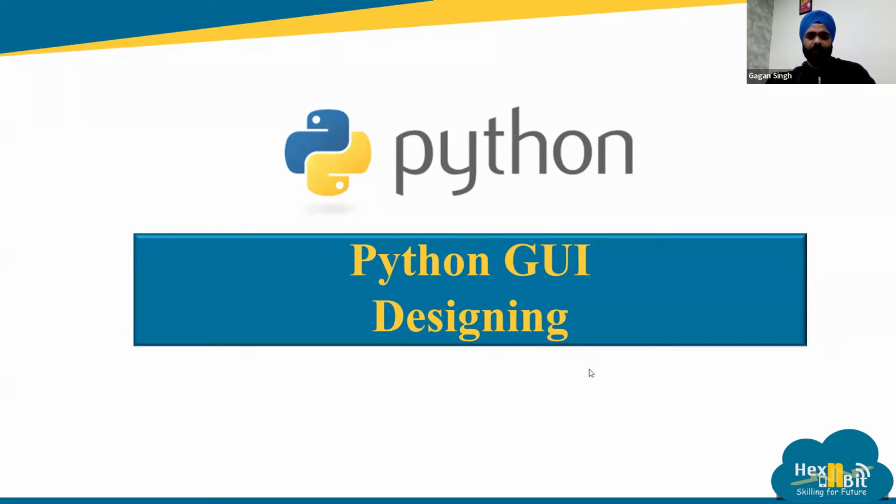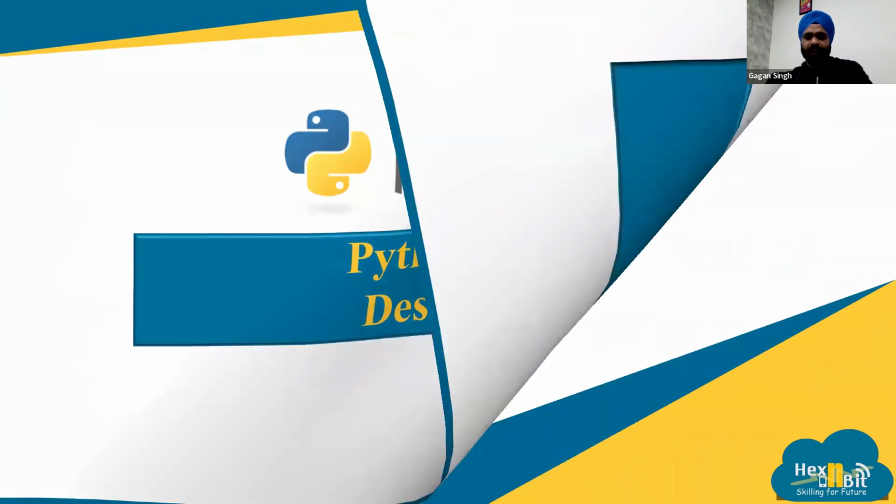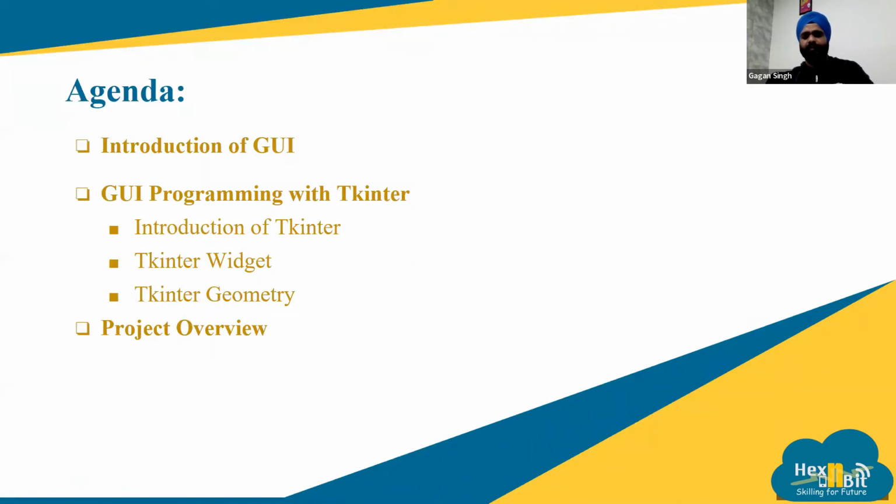Okay, guys, so I'll give you a brief about this. First of all, as one of you said, GUI is graphical user interface. So we'll discuss some points in relevance to it, how we can design a GUI and what could be the useful things for it. So the agenda for today is, first, we are going to discuss an introduction of GUI.